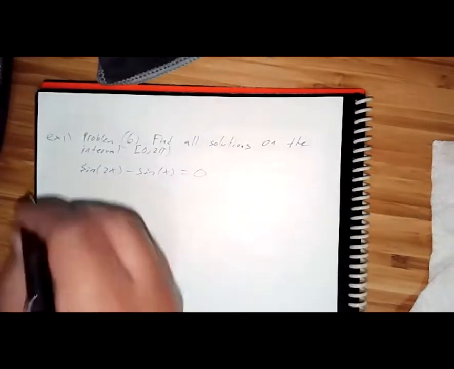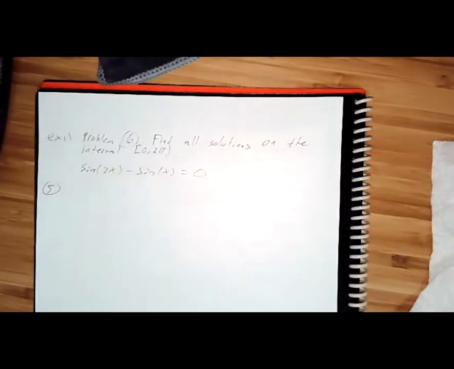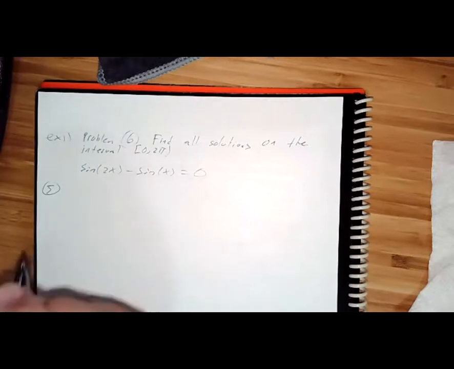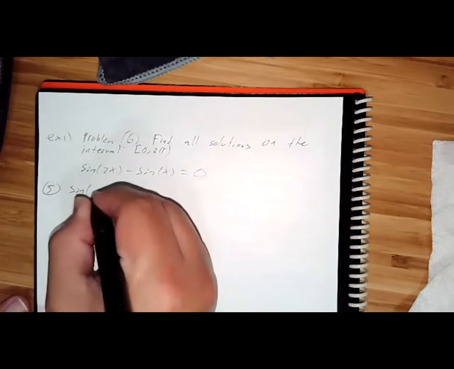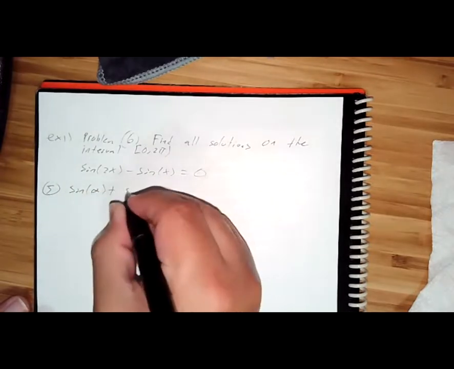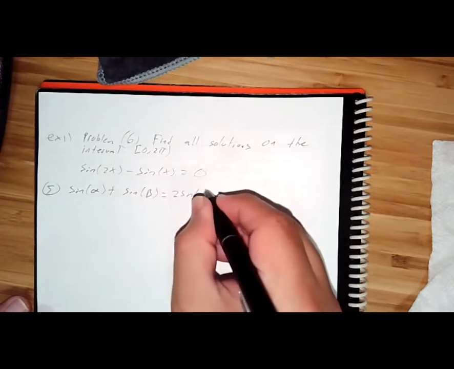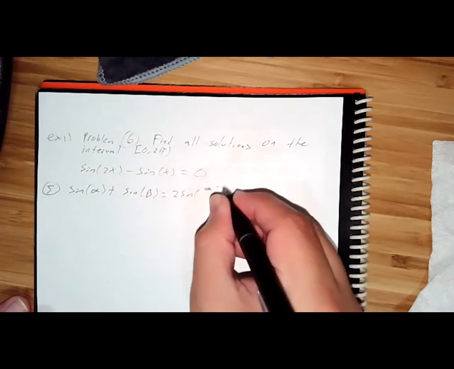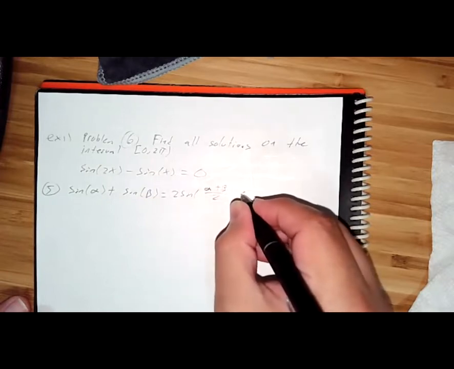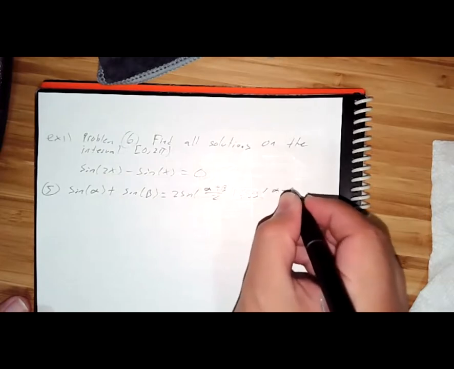We have sums, right? This looks like we can apply rule 5. Sine of alpha plus sine of beta is equal to 2 sine alpha plus beta over 2 times cosine of alpha minus beta over 2.